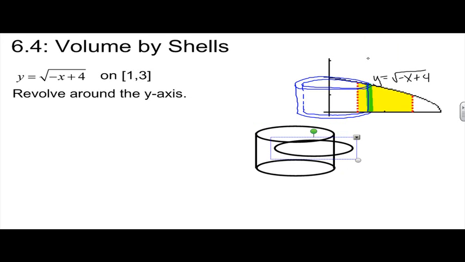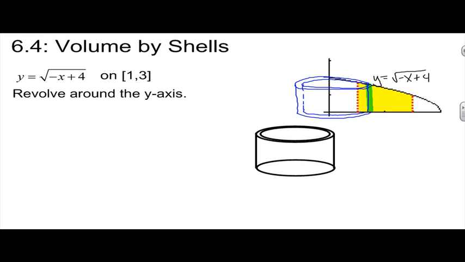So you ultimately get something that's shaped kind of like that. And if you imagine a bunch of different slices in that yellow shaded region, and they're all revolved around the y-axis, you get a bunch of cylinders that nest and fit together. This is why these are called cylindrical shells, which is why this is called volume by shells.